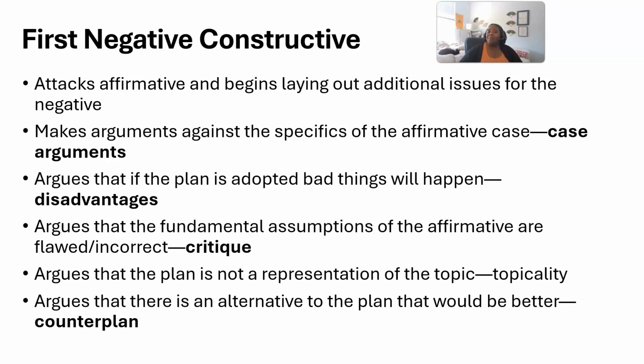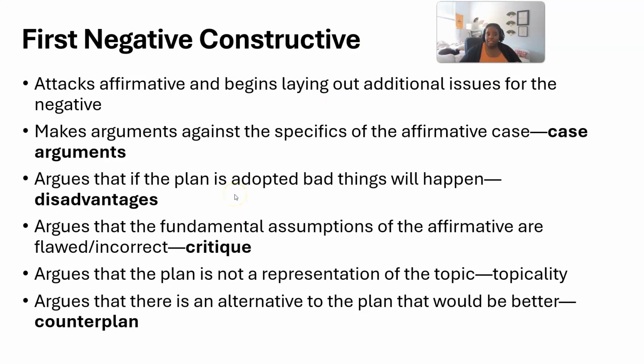So you're attacking the affirmative and laying out additional issues for the negative. So just what are your topics, what are your claims, what are your supports? Makes the arguments against specifics in the affirmative case. So these are case arguments. So what are some arguments that are not sound, not stable?